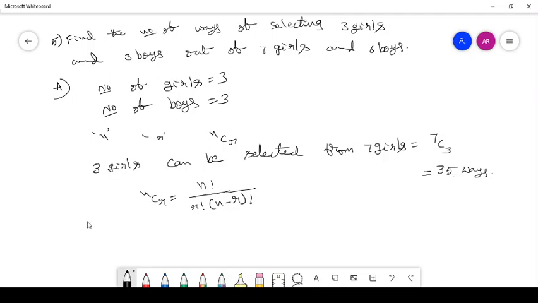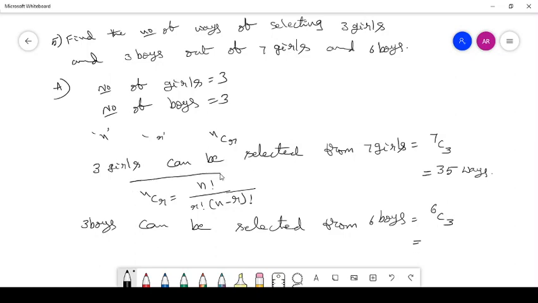Similarly, the 3 boys can be selected out of 6 boys. That is 6C3. Again, by using the same result, nCr is equal to n factorial by r factorial into n minus r factorial, you can get this value: 20 ways.